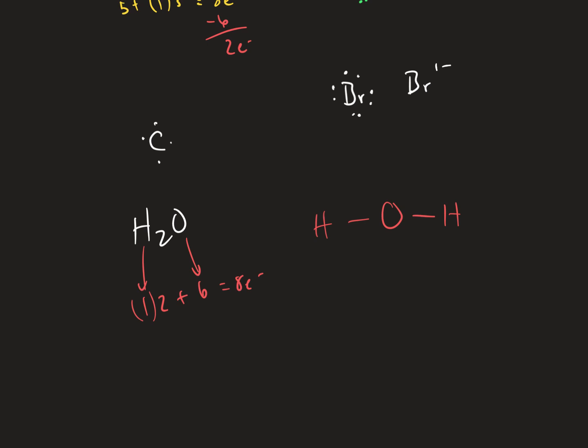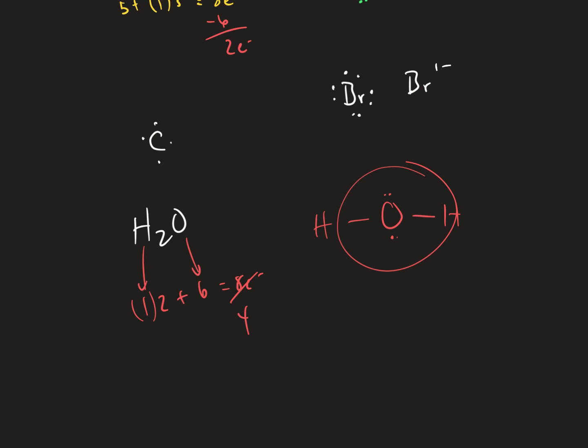How many electrons have we used so far? 4. That means we have 4 left. Does hydrogen want any more? So we put them around the most electronegative, 2, 4. Does oxygen have an octet? Yeah. There's 8 around oxygen.